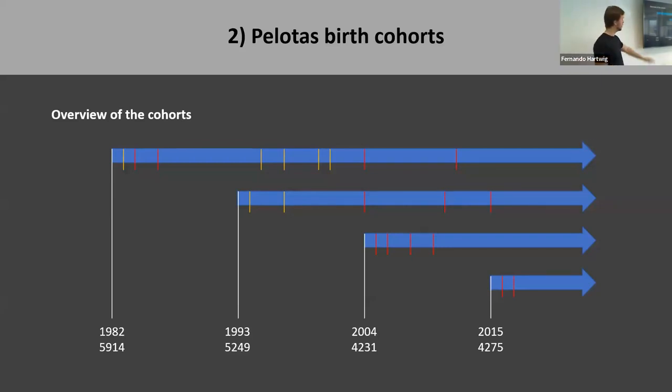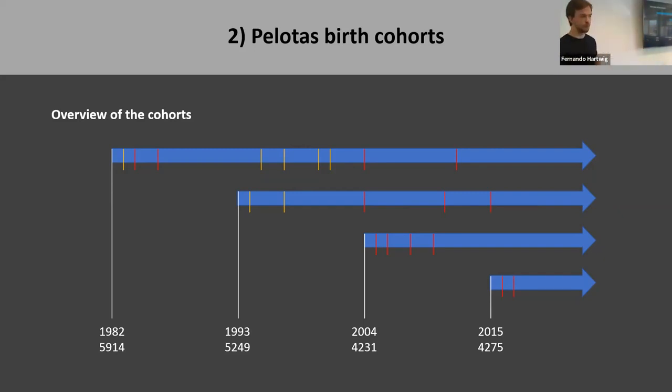So we see that in Pelotas 82, for example, we had several yellow marks, that is several follow-up visits targeting subsamples because we didn't have a lot of money. The same, but now a little bit less frequent for 1993, and for 2004 and 2015, we are only targeting the entire cohort because now the group is famous and we can get money from funders and all that.